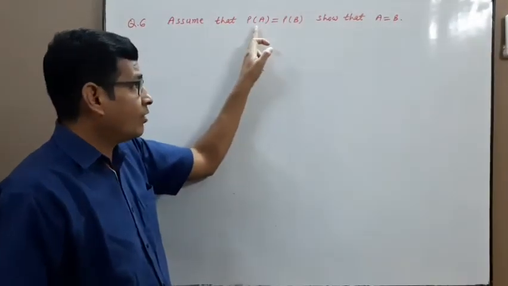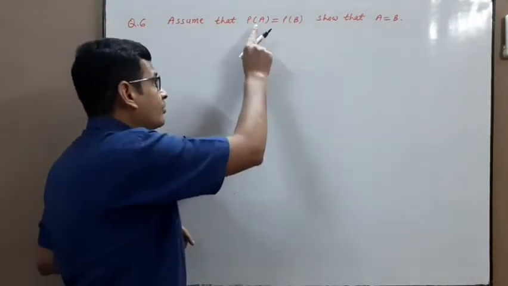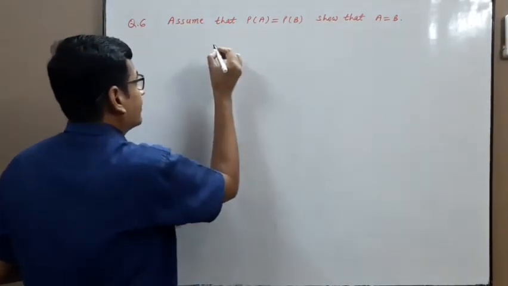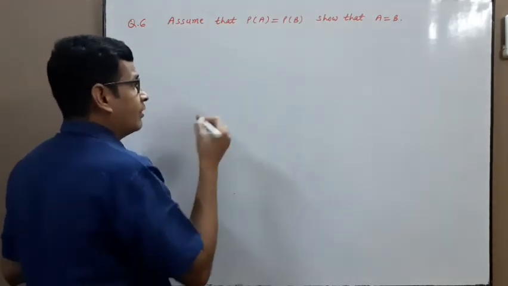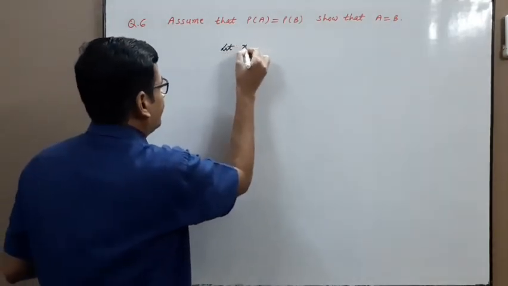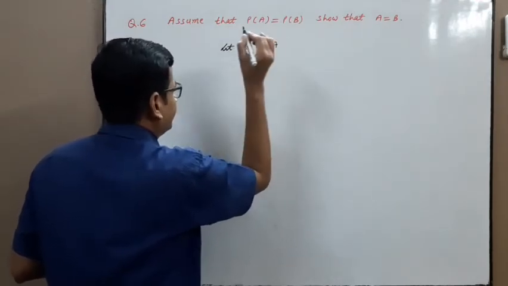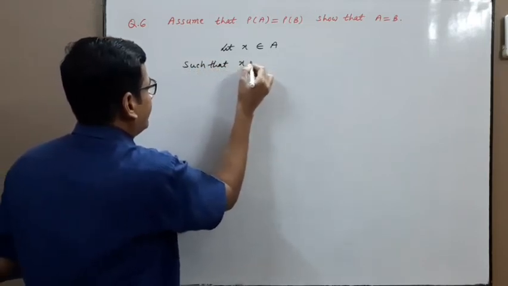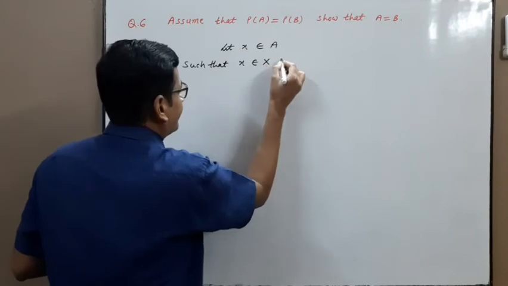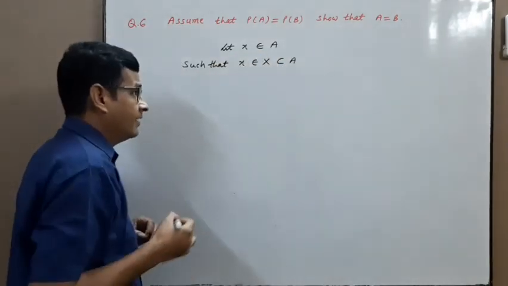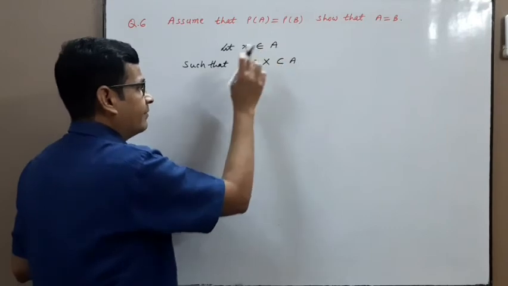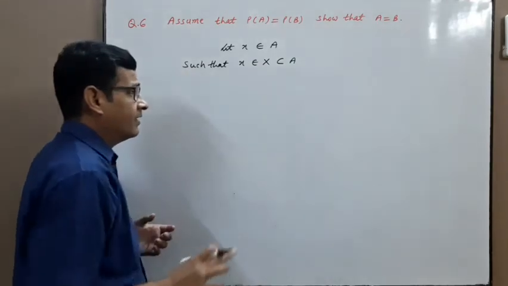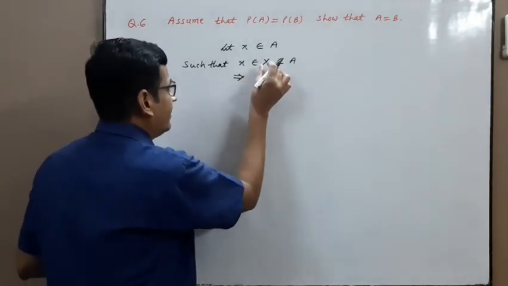Power set is a collection of all subsets of set A. Any subset of A belongs to power set A. Now we have to show A equal to B. So let us consider an element x belonging to set A. Let x belong to A such that x belongs to capital X, which is a subset of A. Let us consider x is any element of A, means x belongs to some subset of set A. So we can let x belong to X, X is a subset of A.